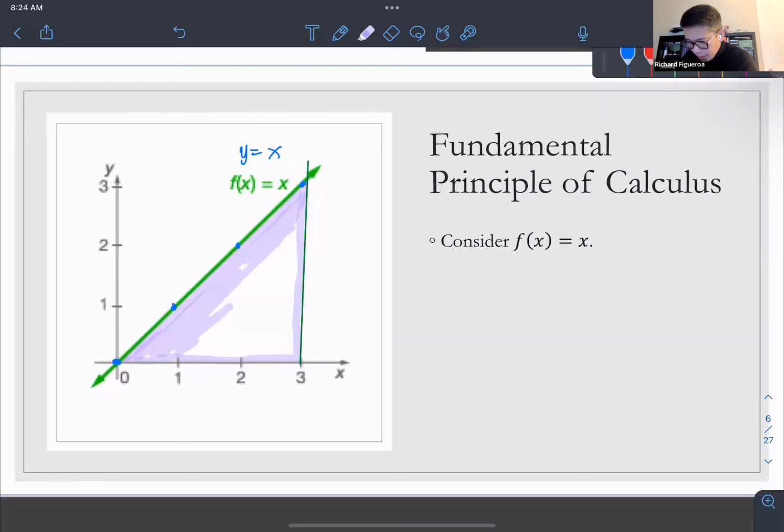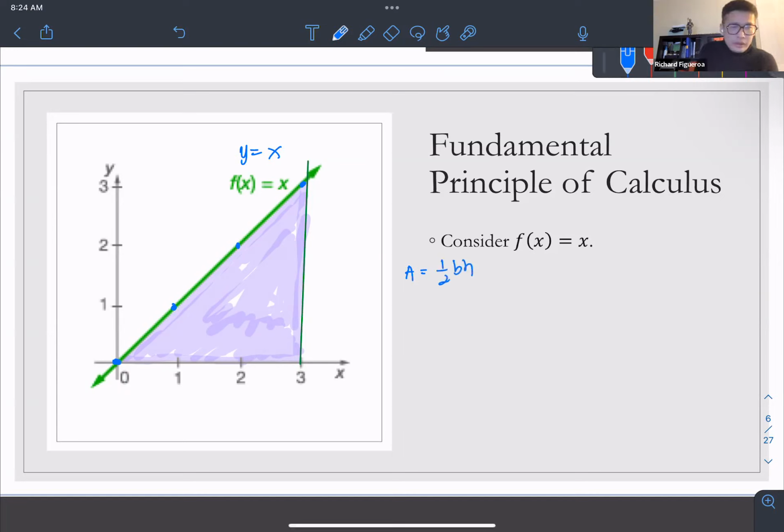Is this a rectangle, or is this a triangle? So this is a triangle. Let's say this would be the area that I am going to consider. So in geometry, sabi natin, we have the formula for the triangle, di ba? Which is 1/2 times base times height.